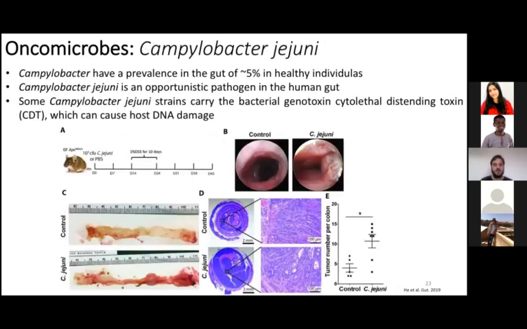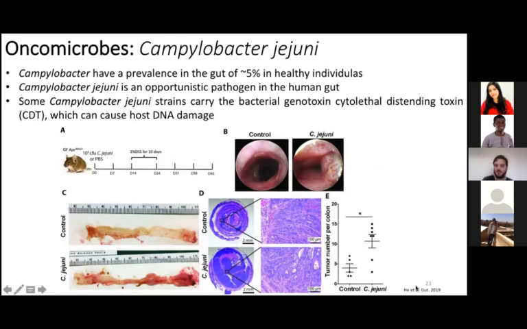And then I think lastly, I'd like to talk a bit about Campylobacter jejuni also. So Campylobacter are not very prevalent in healthy individuals, being found in about 5% of healthy individuals. However, Campylobacter jejuni is an opportunistic pathogen in the human gut. And some of these Campylobacter jejuni strains also carry the bacterial genotoxin cytolethal distending toxin, so the CDT, which can also cause host DNA damage.